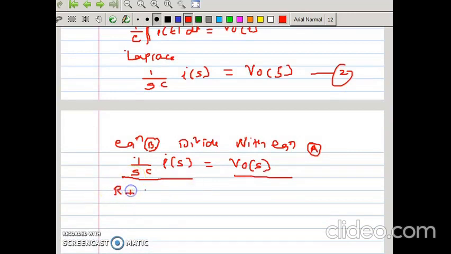R plus 1 upon SC, I of S, and this is the VI of S.